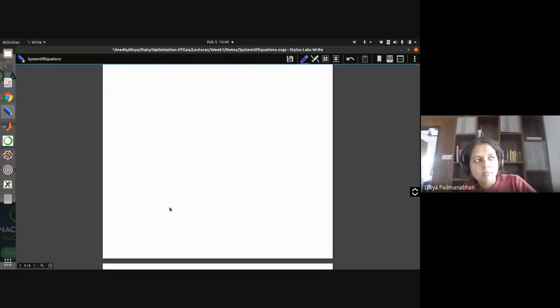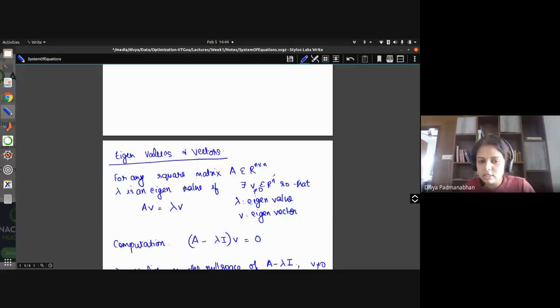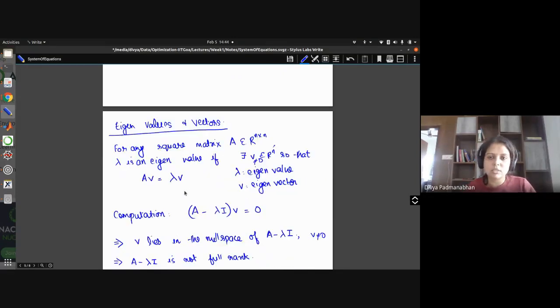Given any square matrix, you have an eigenvalue and eigenvector pair when AV is lambda times V. Typically we say that V is a non-zero vector, otherwise you're just going to get the null space. So V is typically a non-zero vector, AV is lambda V, lambda is the eigenvalue, and V is the eigenvector.